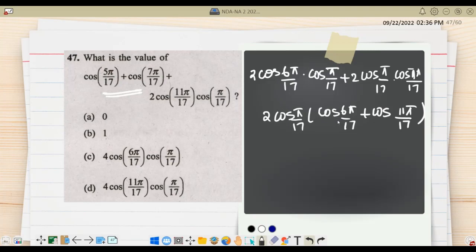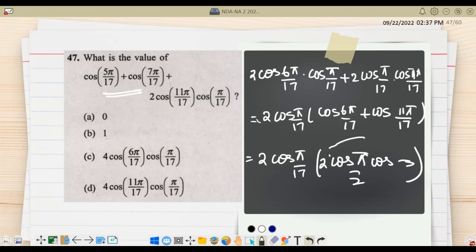Now applying the cos A plus cos B formula, 2 into cos pi by 17 into 2 cos of 6 pi plus 11 pi, that is 17 pi by 17 divided by 2, that is just pi by 2.